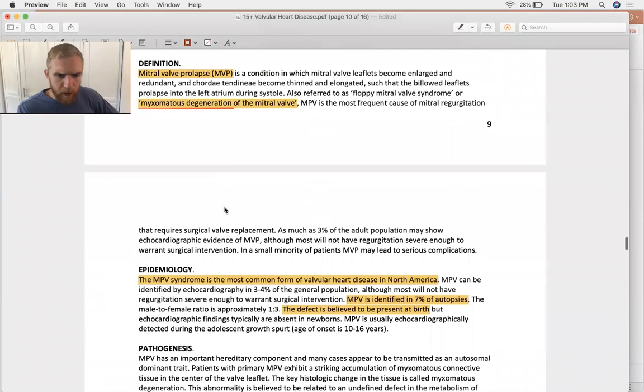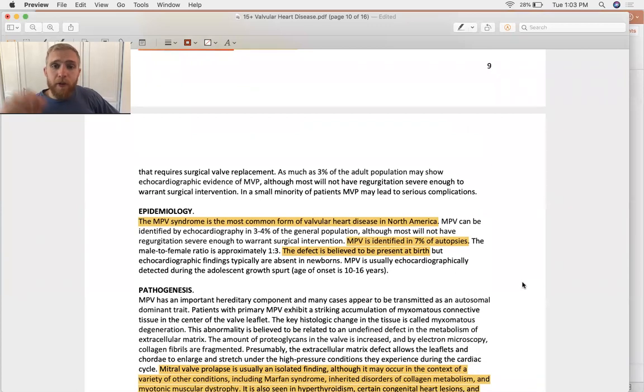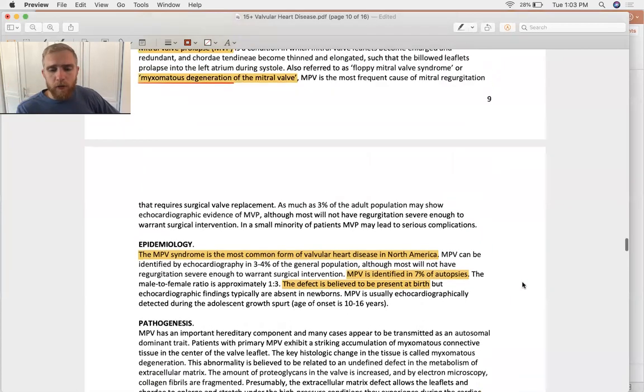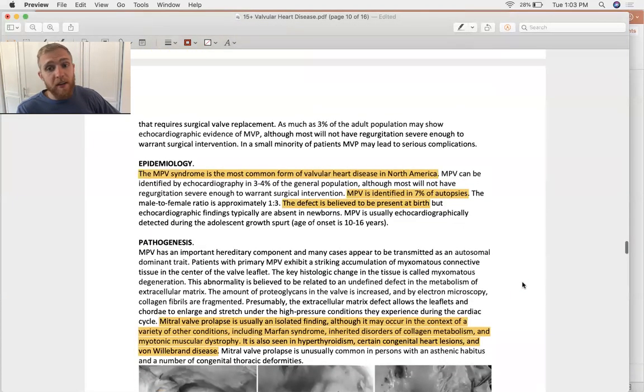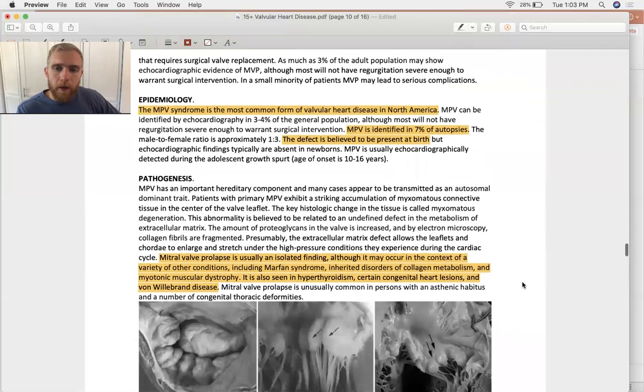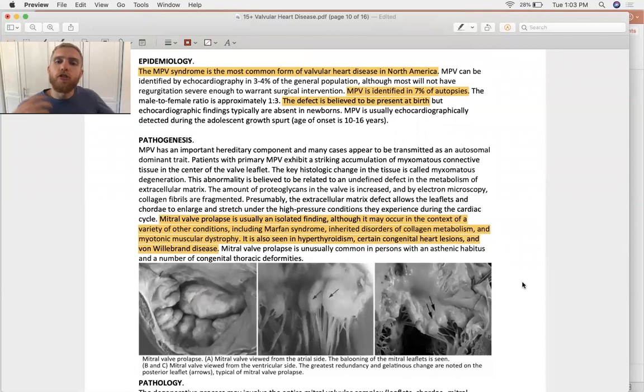So going back to the SDL, mitral valve prolapse is the most common valvular heart disease in North America. And it's identified in 7% of autopsies. That's a lot. Generally, it can be so genetically rooted that it's present at birth and it just progresses with age, or I believe it can be acquired too, as we see, hyperthyroidism can be a cause of mitral valve prolapse or a cause of myxomatous degeneration.